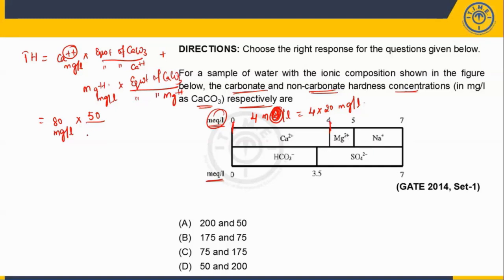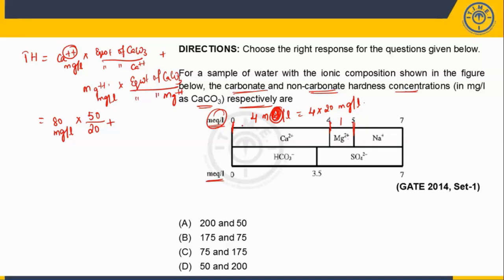50 divided by equivalent weight of Ca++, how much is it? 20. Plus Mg++, similarly, is how much? From 4 up to 5. How much is it? 1. But that is in meq per liter.